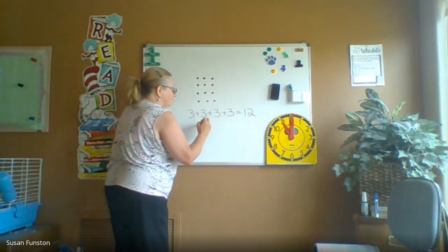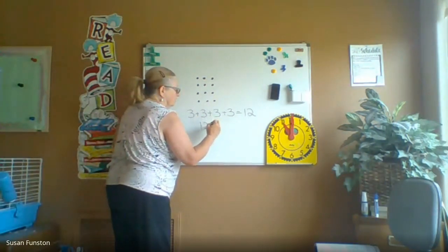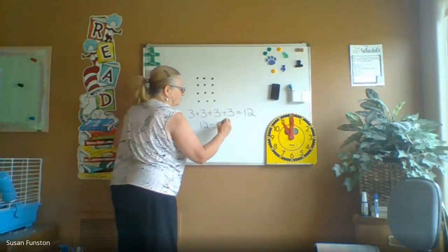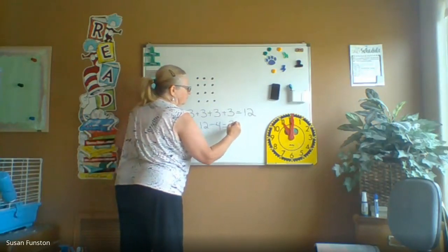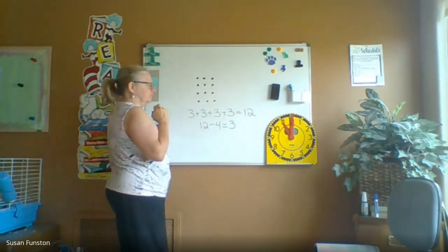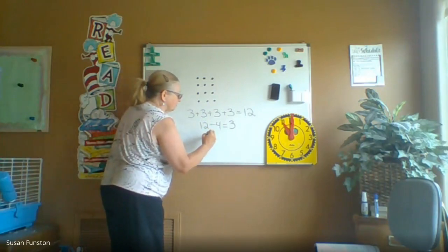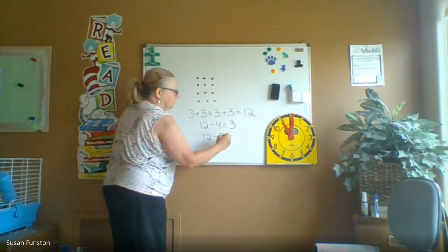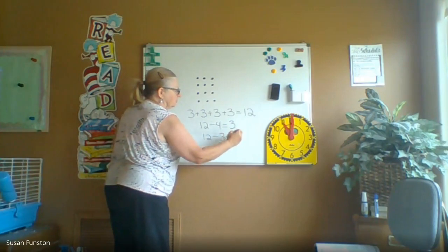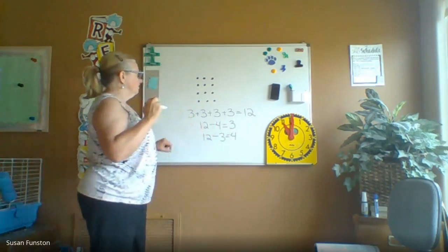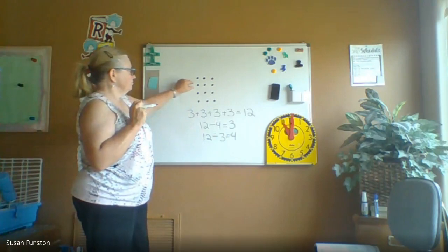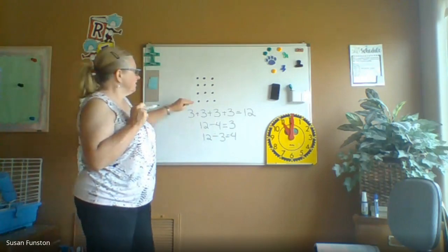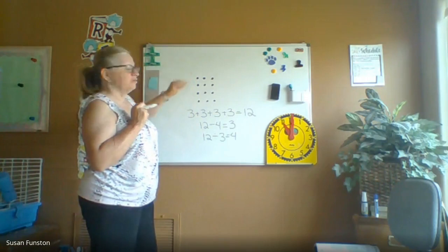So 12 divided by 4 equals 3. So it would also be true that 12 divided by 3 equals 4. I divided them into groups of 3, and I ended up with 1, 2, 3, 4 groups.